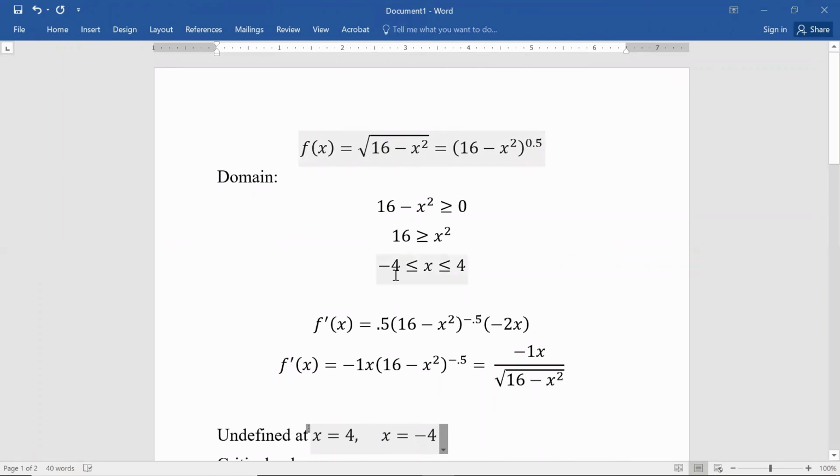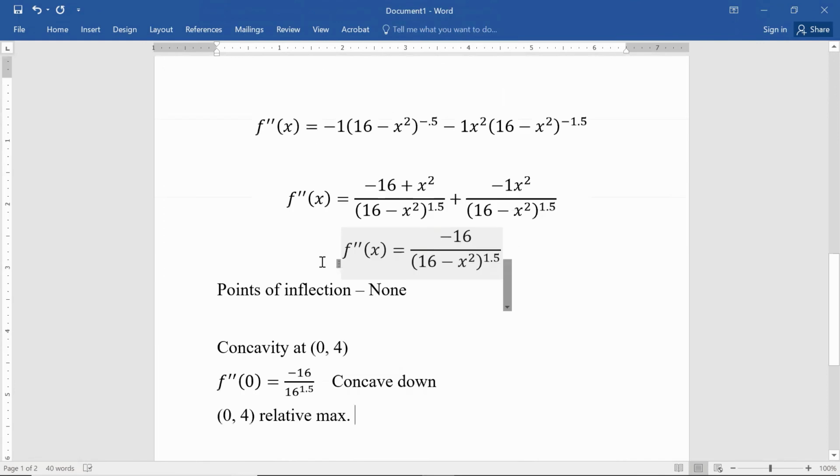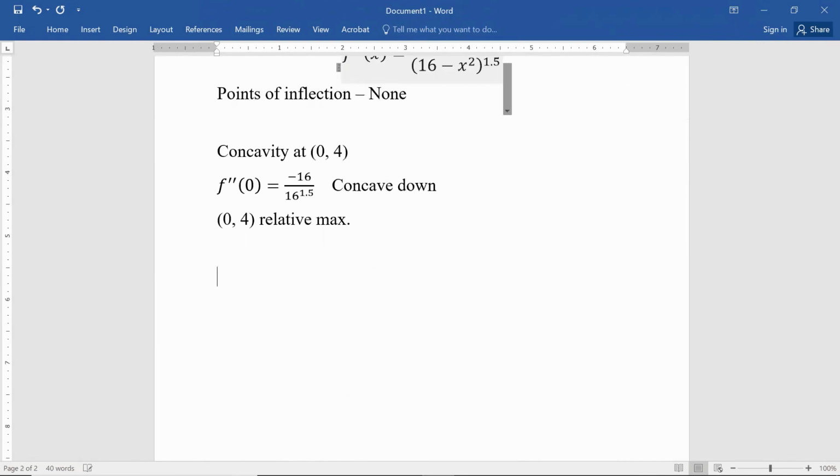If you plug in +4 into the original function, you get a 0. So the start and end points of the interval are 4, 0, and -4, 0.